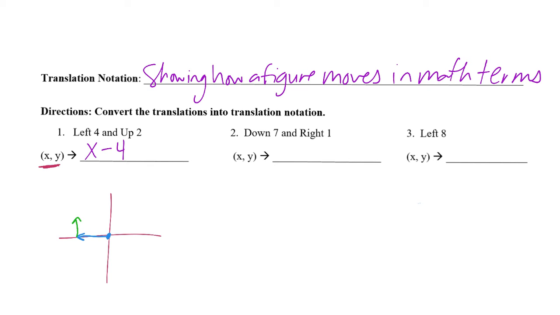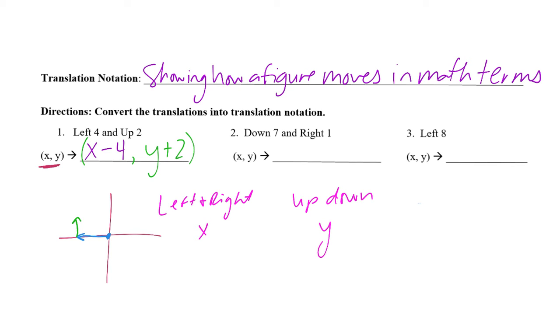So that would go on the y-axis. It'll affect the y value. And it's going up, which is in the positive direction. So y plus 2. And because this is a coordinate, you should put parentheses around it. So left and right goes with the x. And up and down goes with the y.